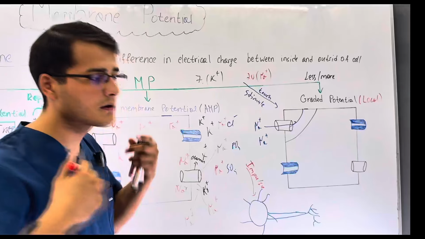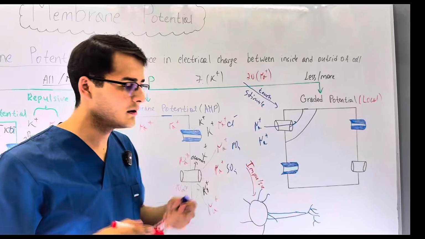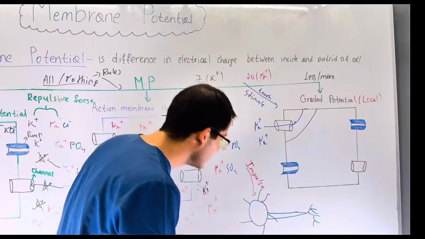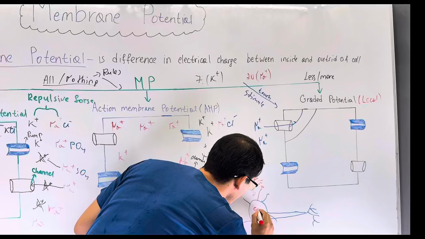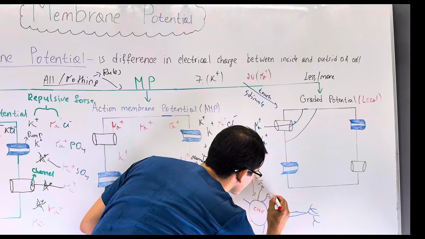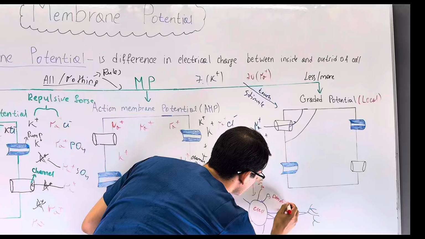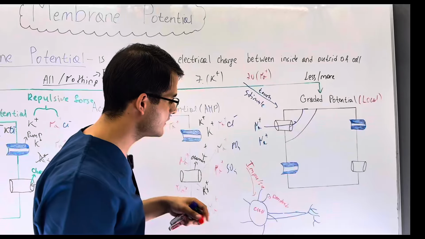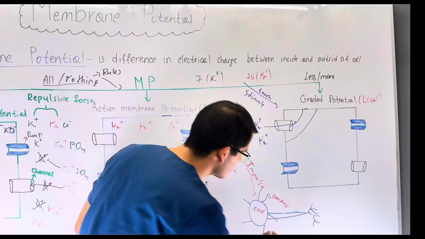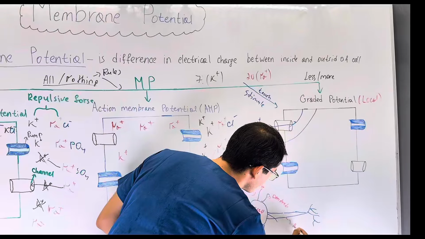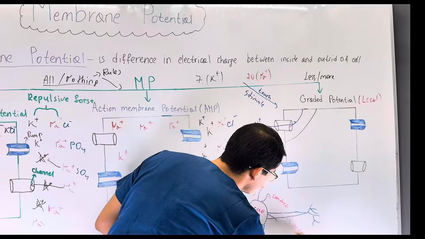So the meaning of the graded potential, the meaning of local, is that in a neuron, for example, it will reach the cell body and dendrite, and the stimuli will not go to the axon. So it will not reach the axon.